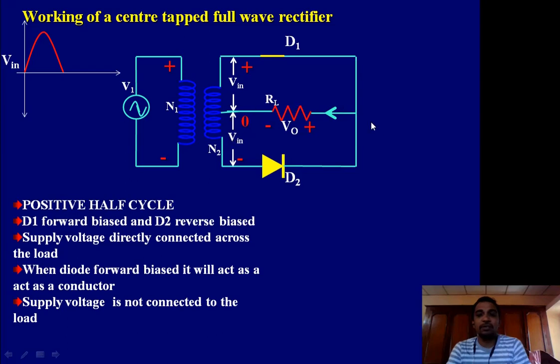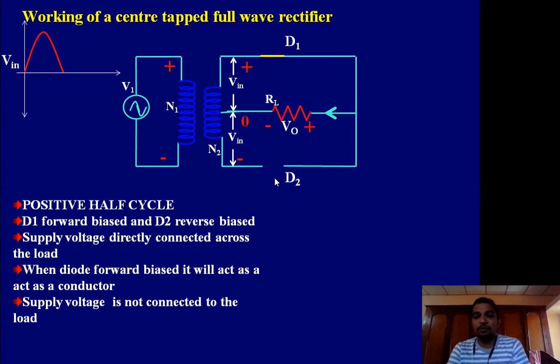This positive is given to the cathode of diode D2, means D2 will be reverse biased. It is open circuited. See this, during the positive half cycle, the upper part of this circuit is conducting. Clear? So D2 is idle now, right?